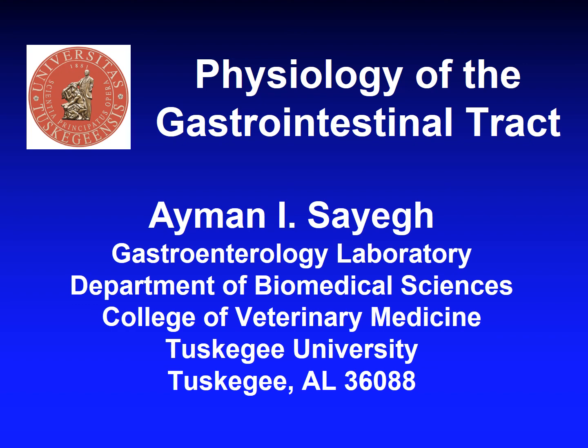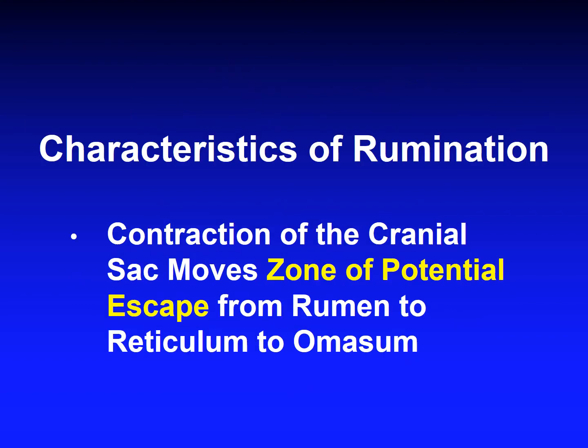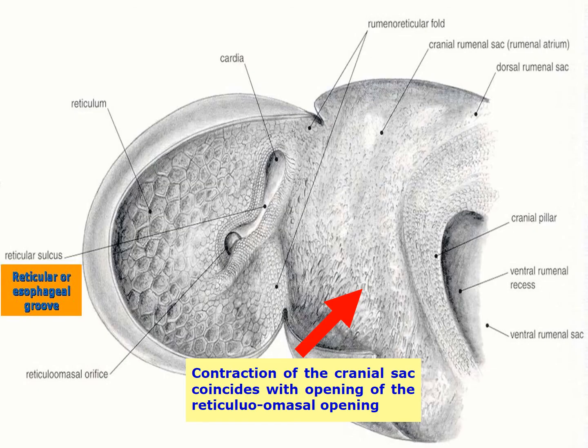Today, we will continue on these motility patterns. That is basically where the zone of potential escape, which are the small particles, as I mentioned earlier, move from the rumen to the reticulum to the omasum. Now, the way this goes is that there is a canal, if you will, or a tunnel between the reticulum and the omasum.